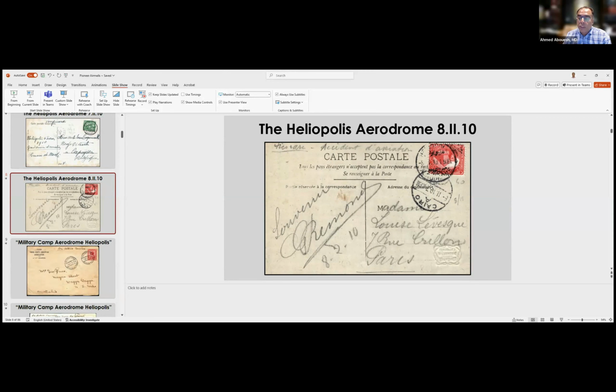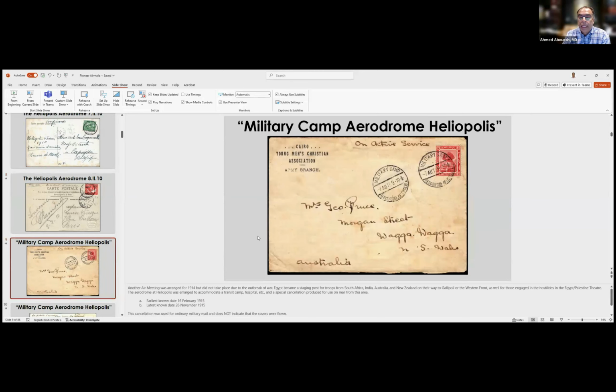There was a plan for a second event at the aerodrome, but World War I happened, and the aerodrome was converted into a military camp, and a number of contingents were there, Australian, New Zealand, and the military stamp was used.